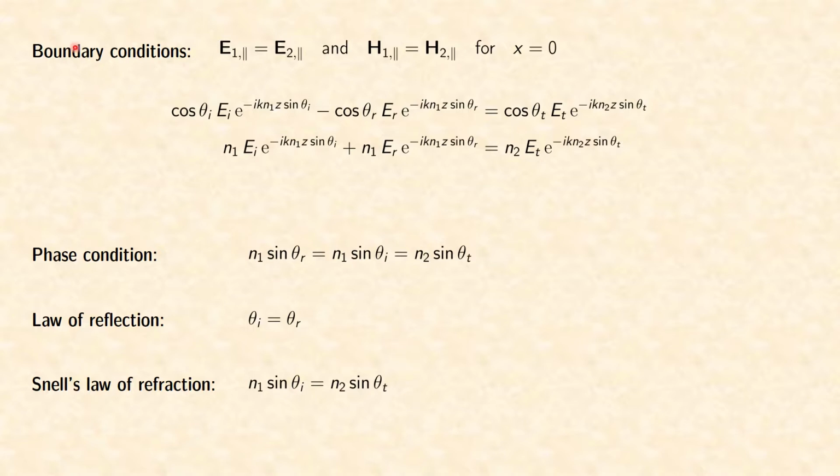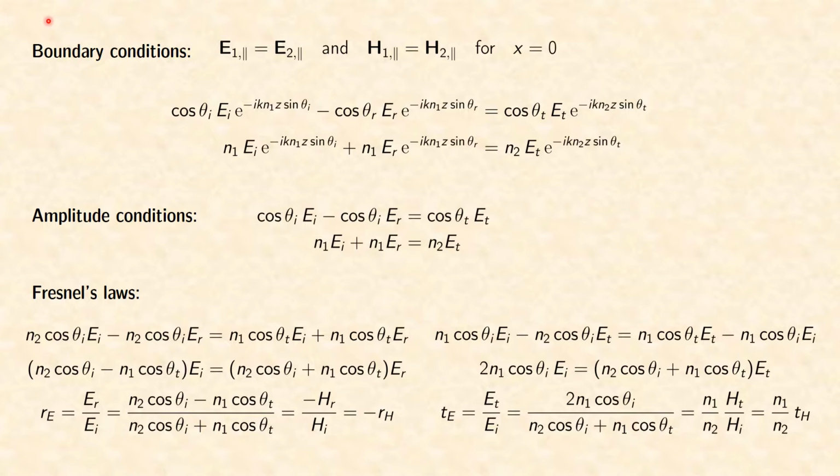However, the amplitude conditions are a bit different, because now we have these cosine factors in the first equation and not in the second one. That's the most important difference.